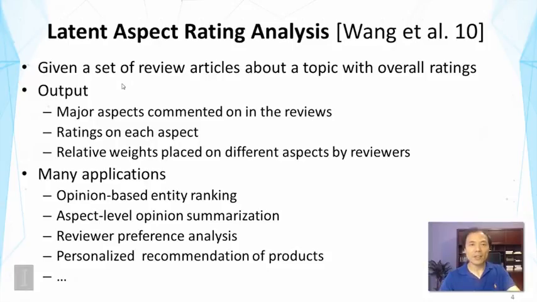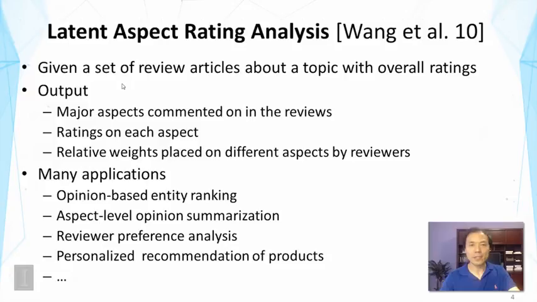So the task in general is, given a set of review articles about the topic with overall ratings, we hope to generate 3 things. One is the major aspects commented on in the reviews. The second is the ratings on each aspect, such as value, room, or service. And third is the relative weights placed on different aspects by the reviewers.